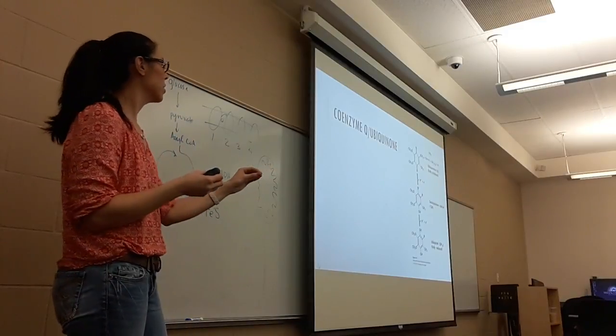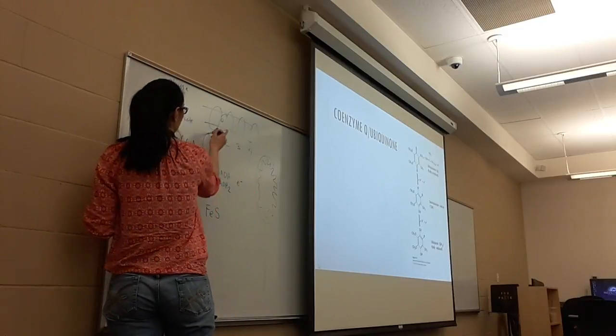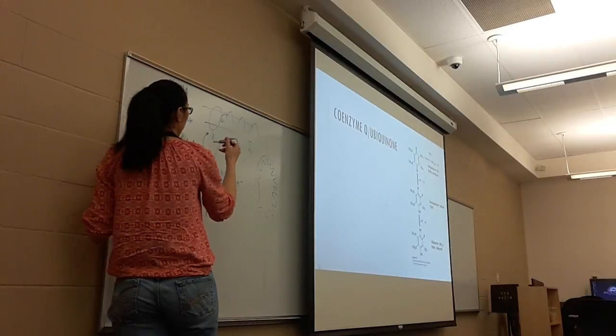So in essence, you can think of the electrons as a hot potato. They get delivered onto the electron transport chain through either NADH or FADH2. We'll talk about why those are different in a second.